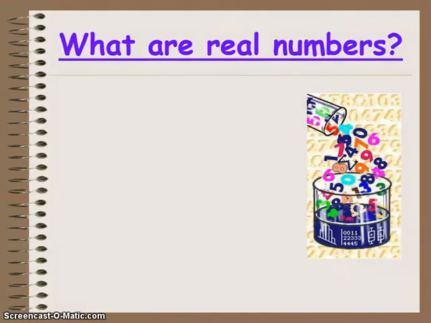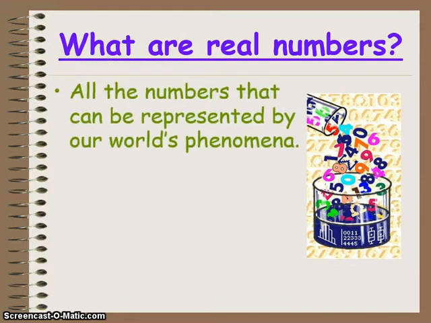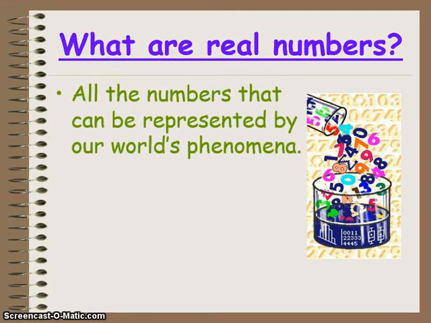The same is true with real numbers. Real numbers are the numbers that can be represented by our world's phenomena. In some way, you can show what the number is. You have been representing real numbers with the world for a very long time.